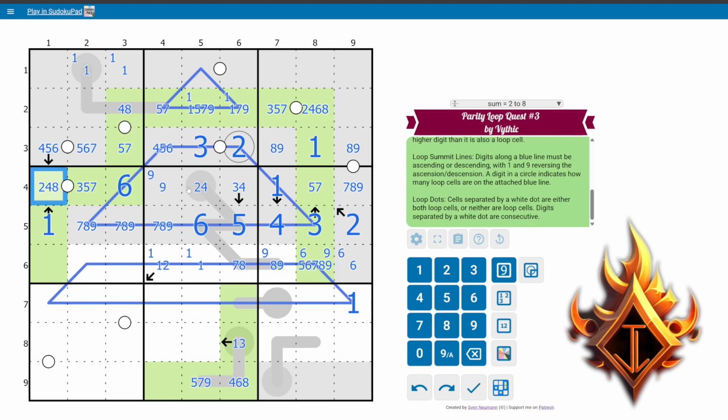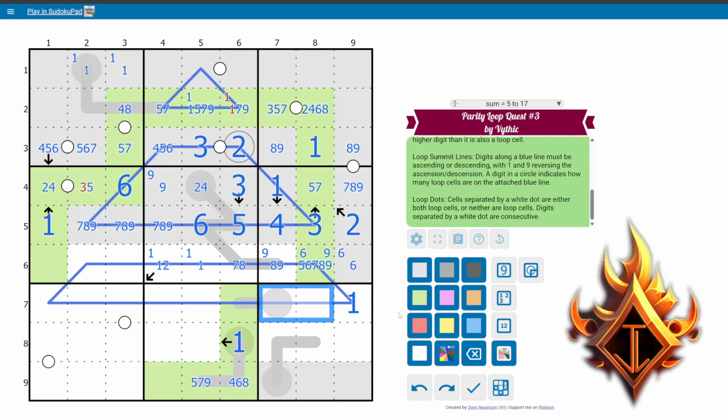So that is true. Although now I don't think it is true. So I just broke it, didn't I? So that makes 2, 4, and 3, 1. But the 3 tells me that this turns.